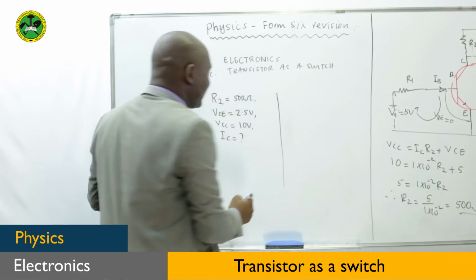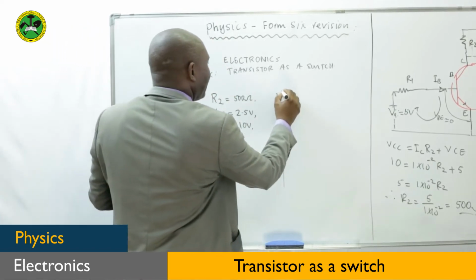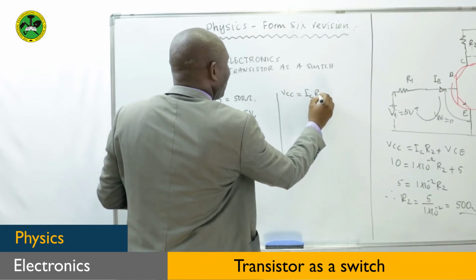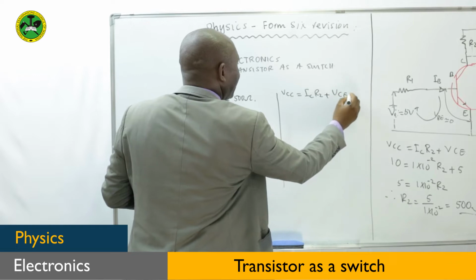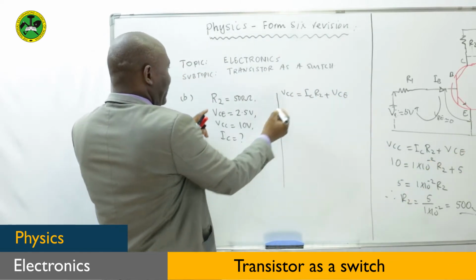So from here, you are talking about the output circuit, where the supply voltage equals IC R2 plus VCE, as we derived earlier. So you have 10.